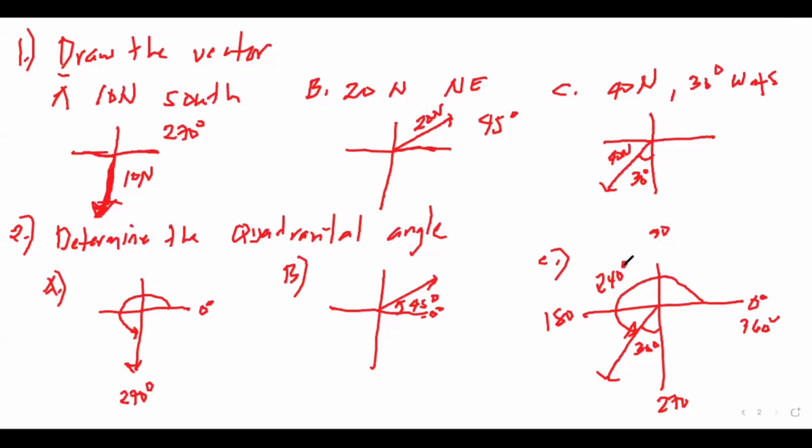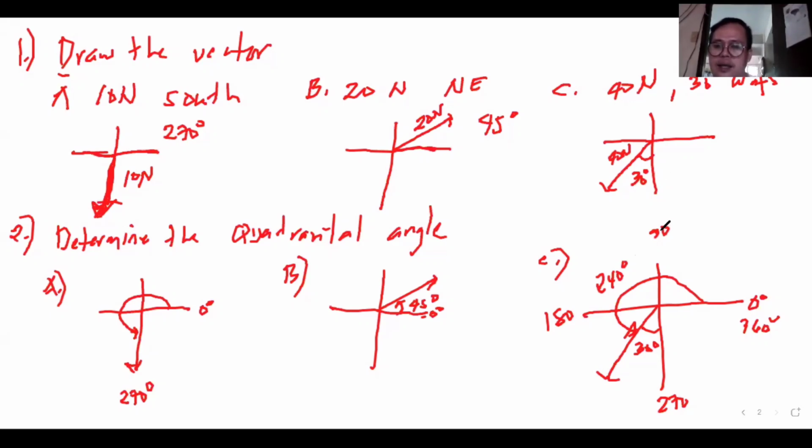240 degrees. So you should know how to build the quadrantal angle. This is 90 degrees, 180, 270, 360 degrees. If it is 30 degrees, going around until here is 270, so subtract 30 from 270, and that is 240. So your vector C is 240 degrees. Correct? So let's now go to our third step.